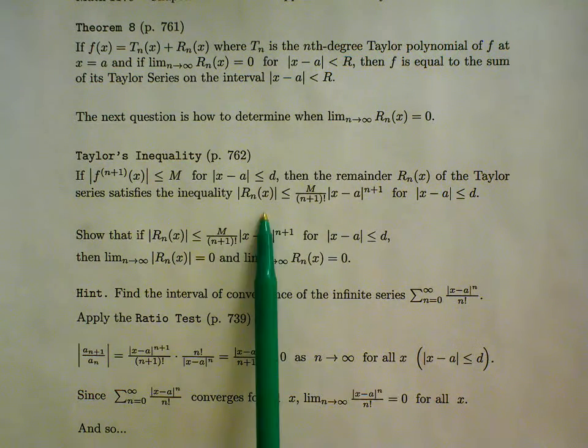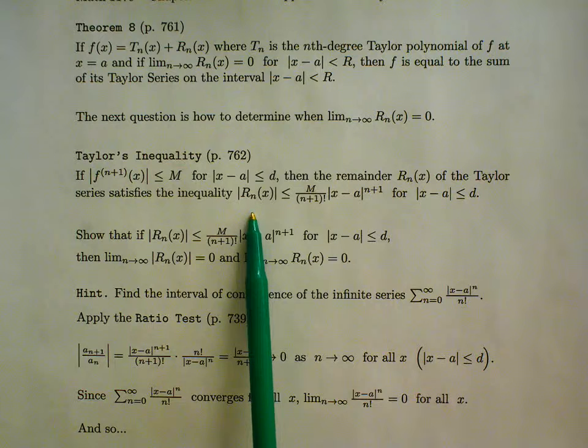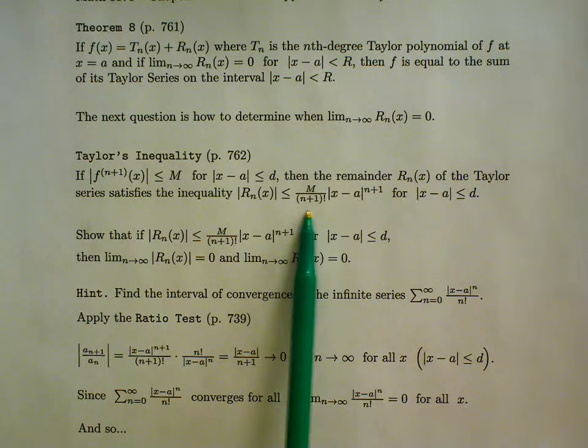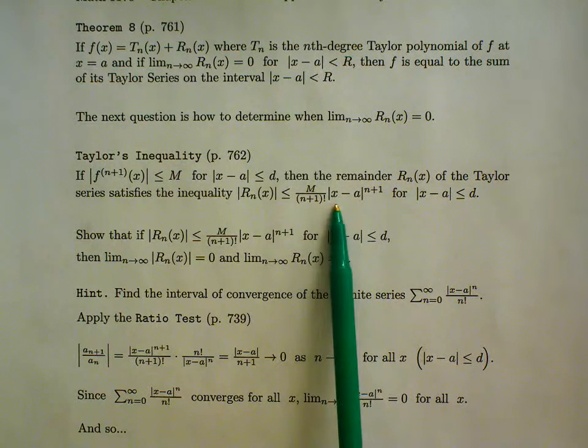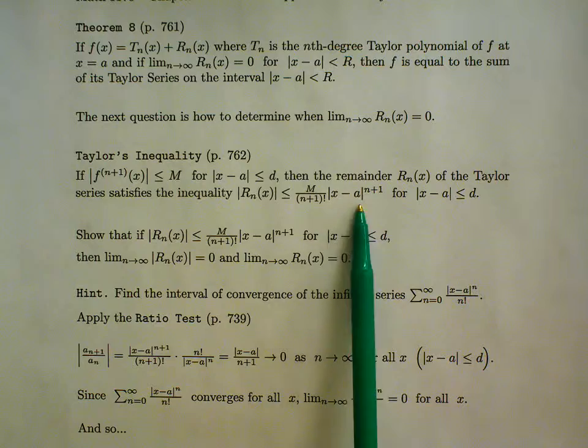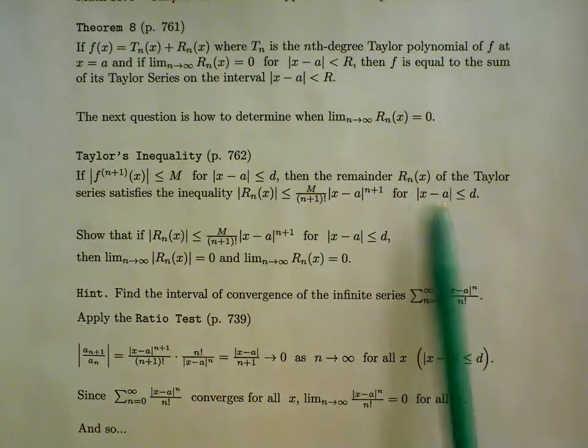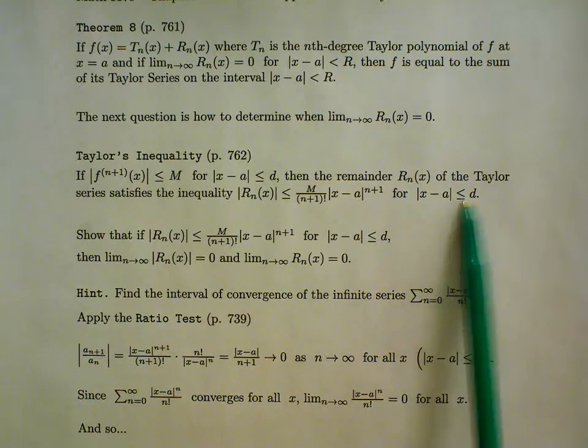The absolute value of r sub n of x is less than or equal to M divided by n plus 1 factorial times the absolute value of x minus a to the n plus first, for the absolute value of x minus a less than or equal to d.